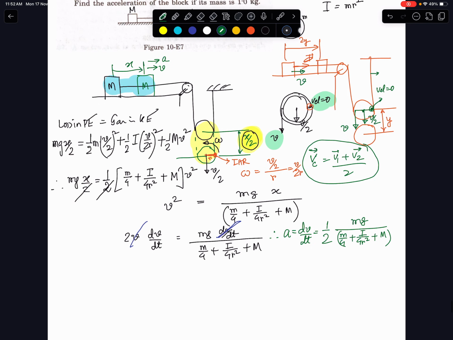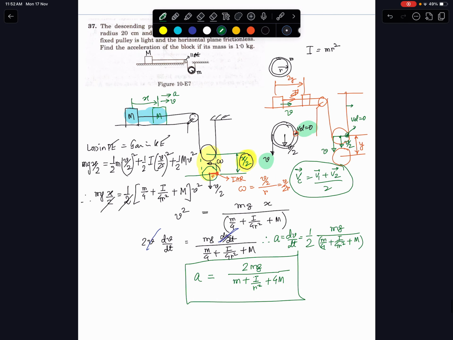With a bit of simplifying, this becomes 2mg divided by (m plus I by r square plus 4 capital M). So in this way you can solve.